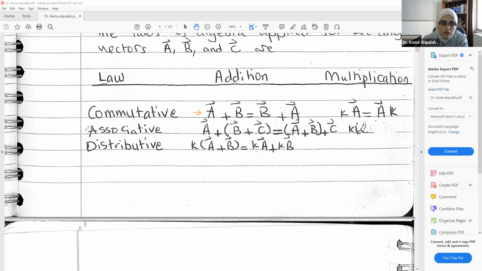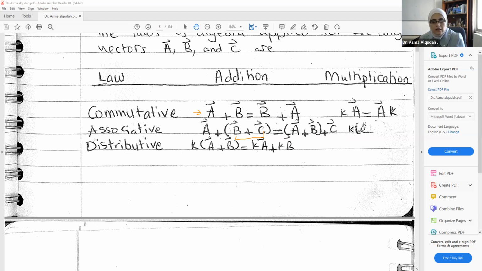The other law is the associative law. If we have three vectors A, B, and C, and first we add B and C, and then add A to the result, it's the same as adding A and B first, and then adding C to the end result. It doesn't matter where you start the addition.